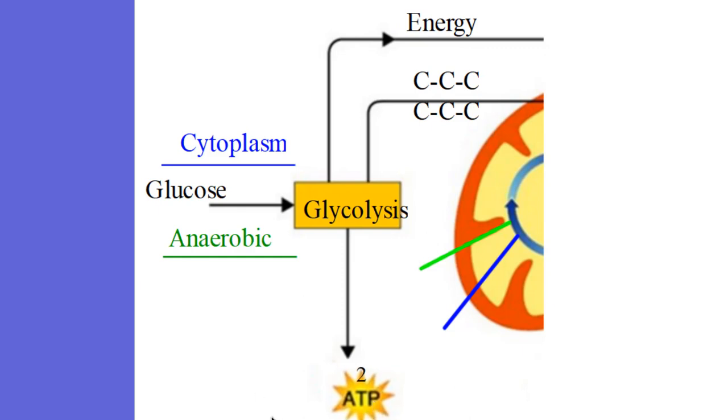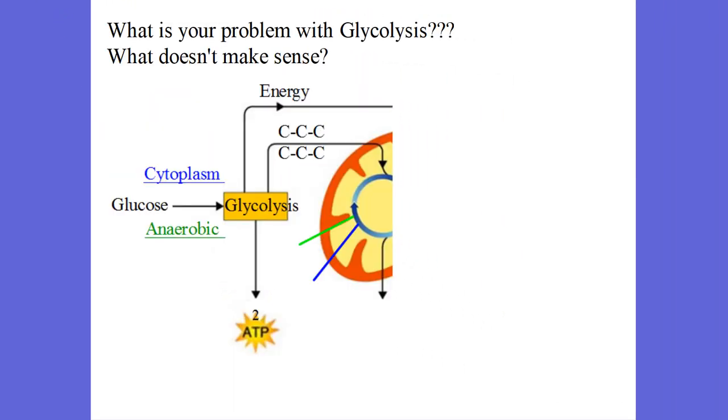Now, if you know anything about my previous topics, there is a problem with glycolysis. It doesn't make any sense, does it? My glucose is being broken down into two 3-carbon molecules. 6 carbons are being broken down into two 3-carbon molecules, which means I'm breaking a bond.